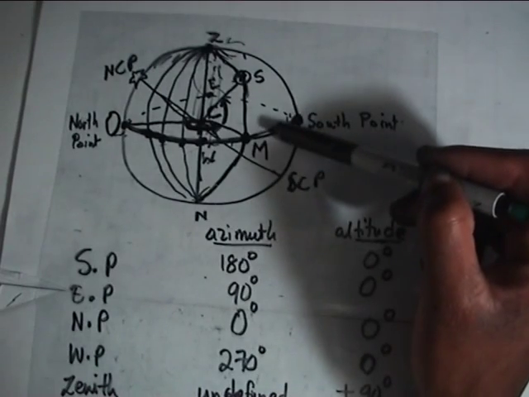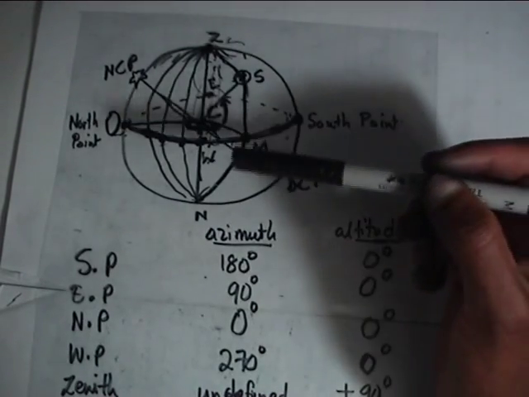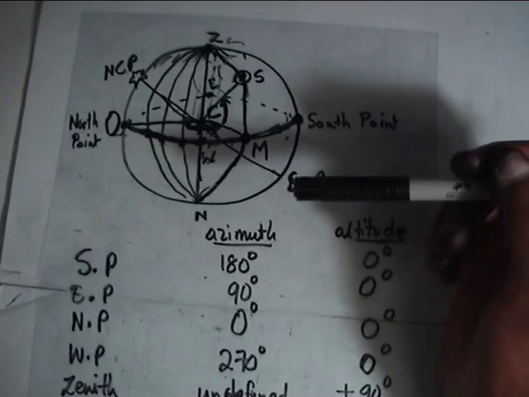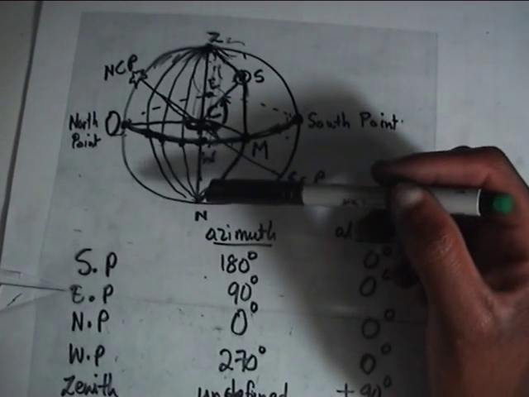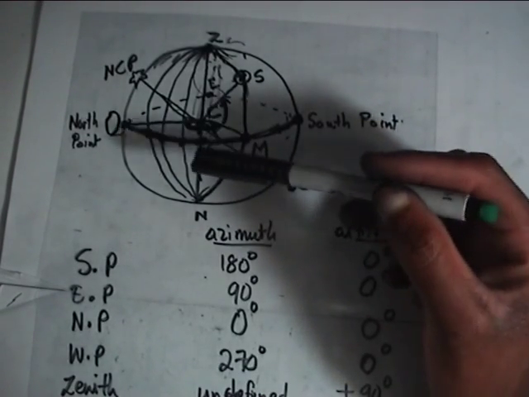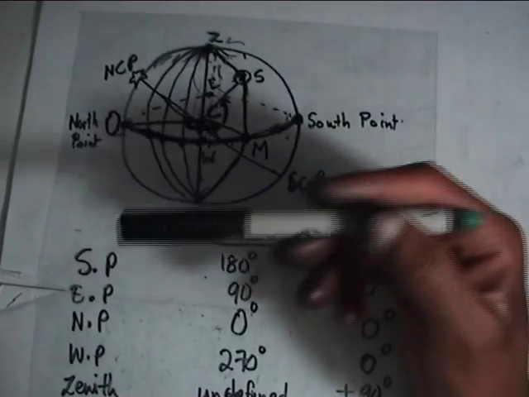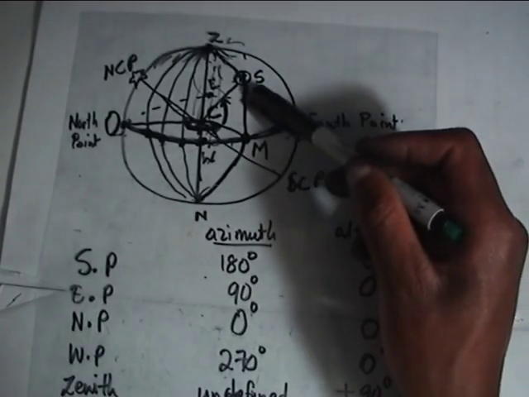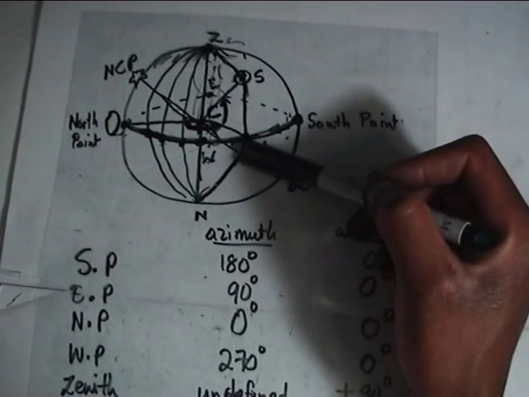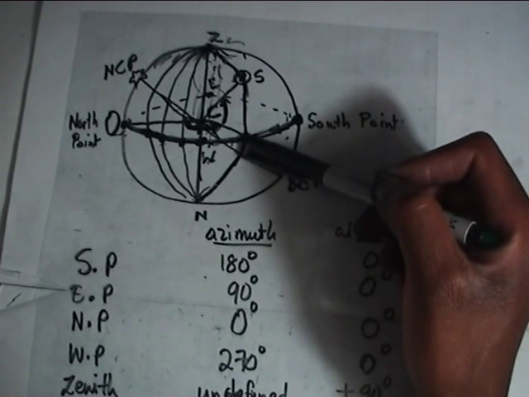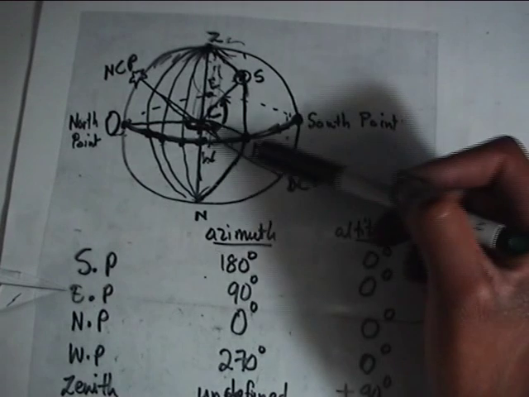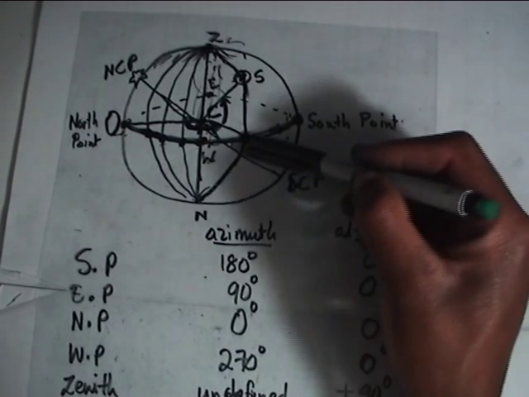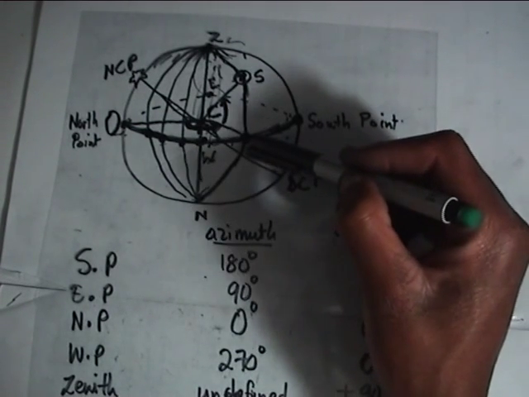Anything that depends on the person's horizon is obviously going to be different when the person moves places, because the horizons will be different. The horizon is different when you're in USA, and it's different when you're in Mexico, because the horizon follows the observer. So this star here will be measured by different vertical circles that cut the horizons differently, because since there are going to be different horizons, it means the M here will be different.